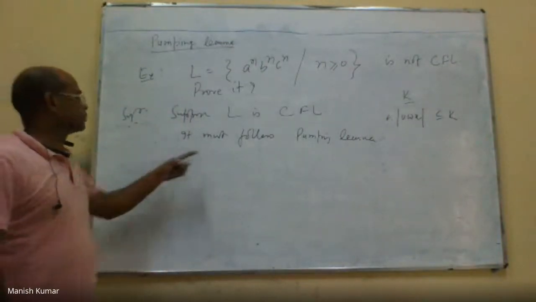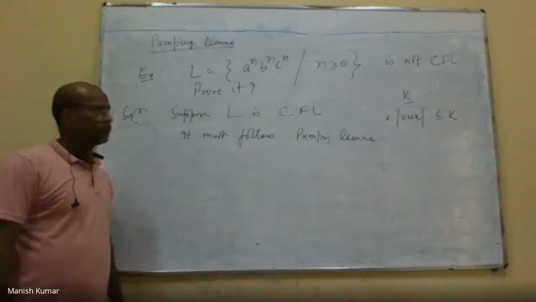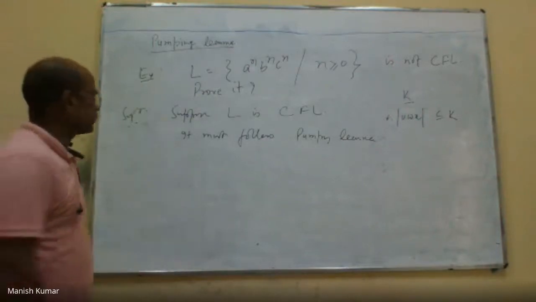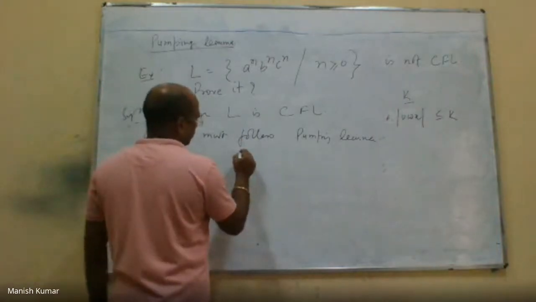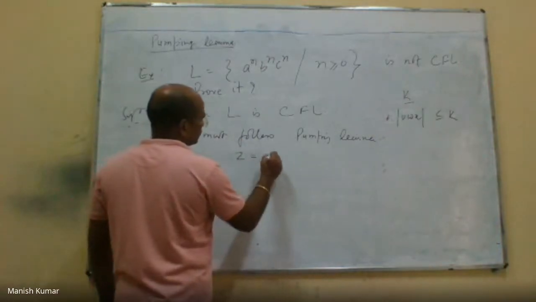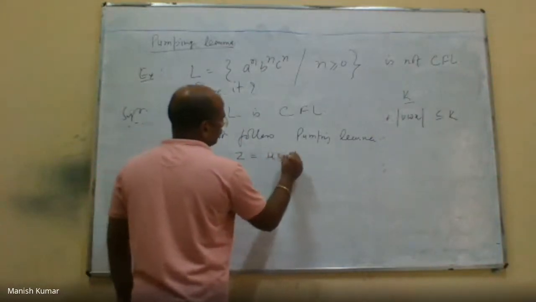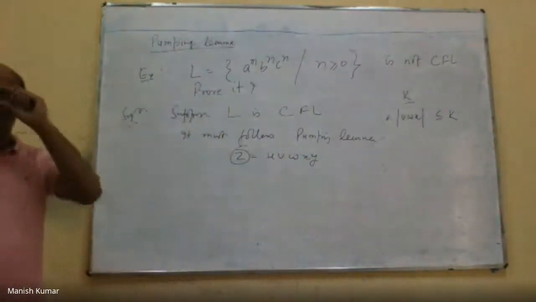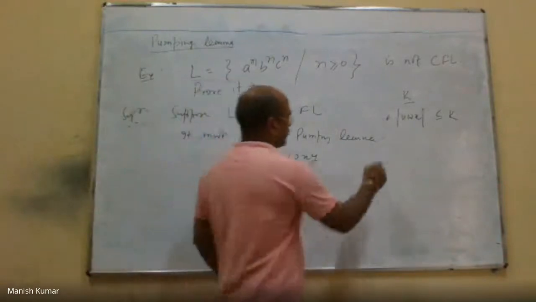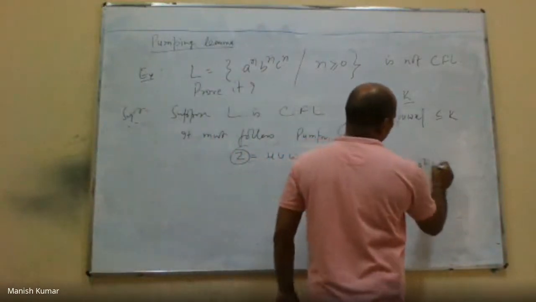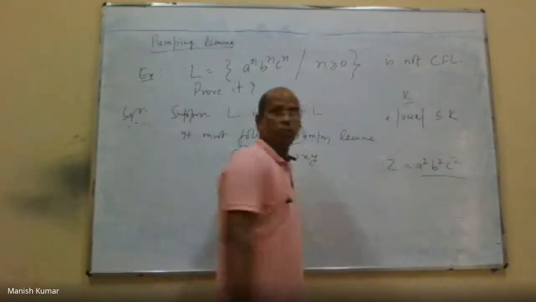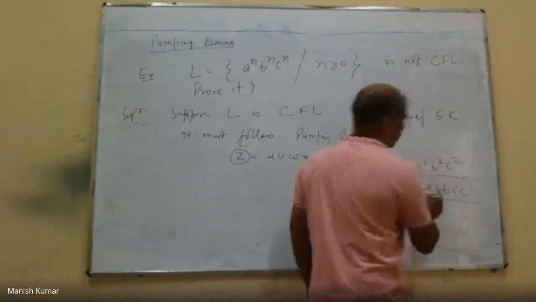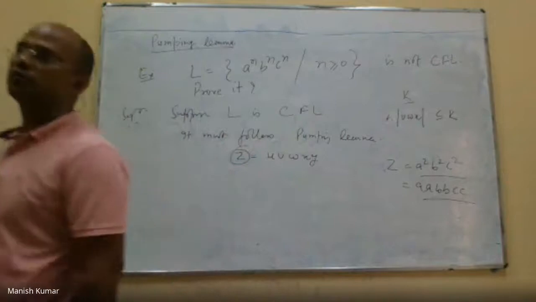So according to the pumping lemma, I can express some instance z as U V W X Y. This z is nothing but it can be a square, b square, and c square, or a, a, b, b, and c, c, whatever you are looking for.